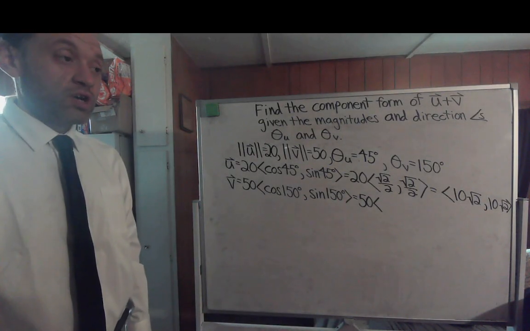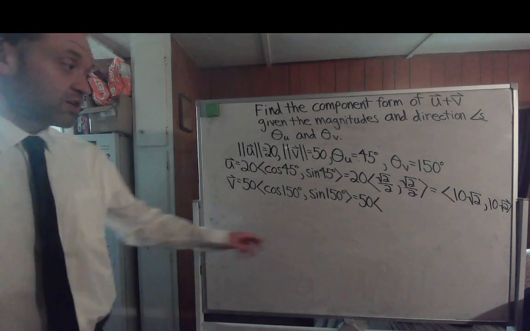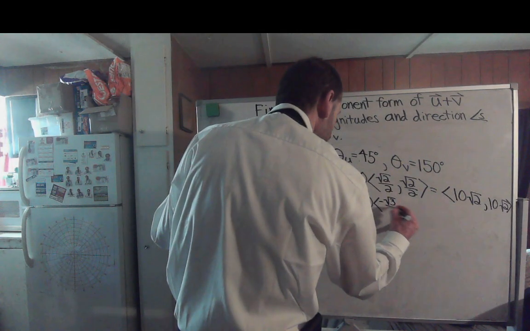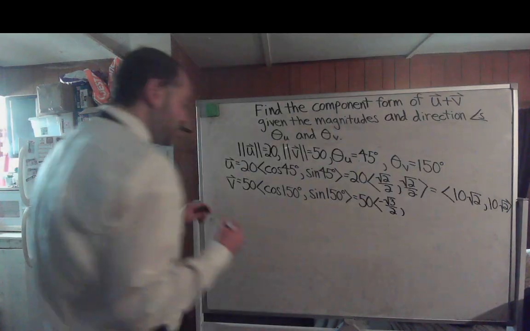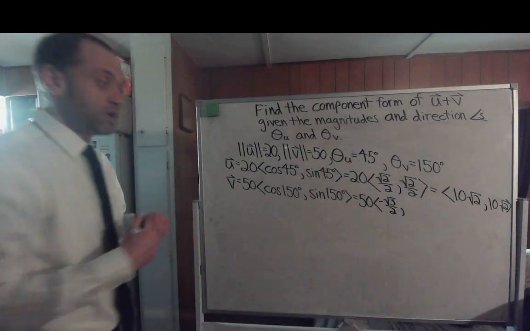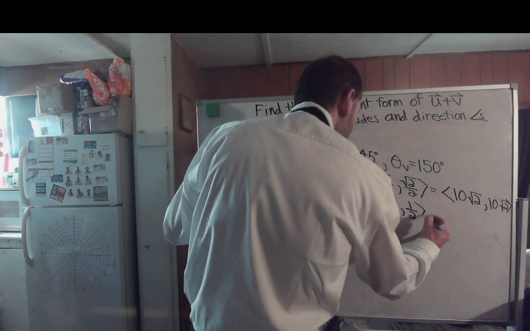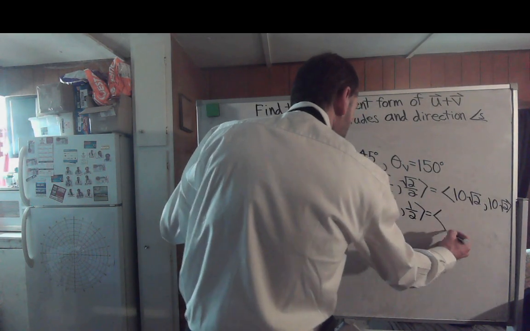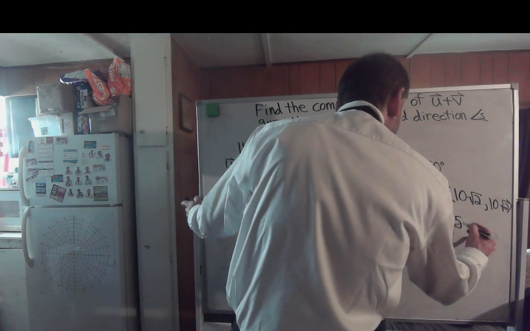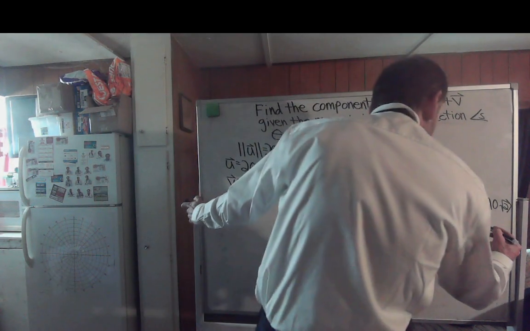Well, the normal cosine of 30 is the square root of 3 over 2, but since it's in the second quadrant, that would be negative square root of 3 over 2. And then the sine of 150, that's the sine of a 30-degree angle in the second quadrant. That'd be positive 1/2. Which for the final result for vector v would simplify into negative 25 times the square root of 3, and then 25.